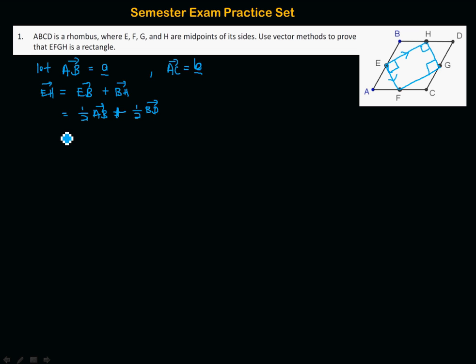In other words, this is actually half of a plus half of b, since BD is in fact parallel and the same as the vector AC. Right? Isn't it cool? And so now I'm going to try to get EF.